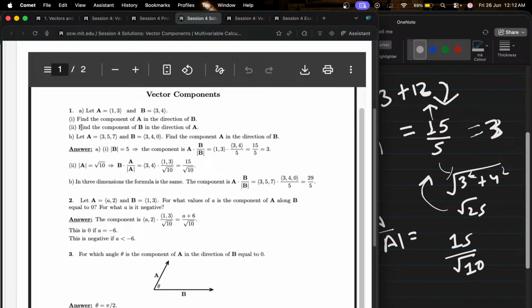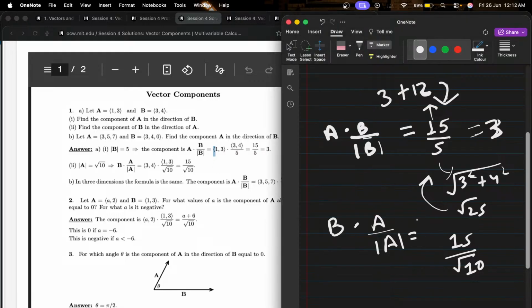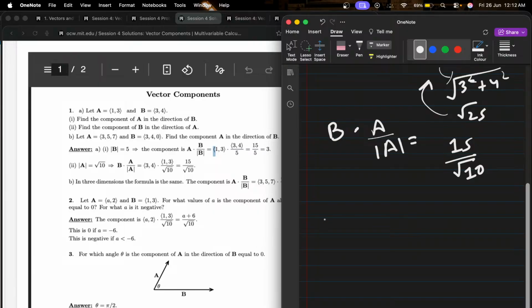Okay, fine. Next: let A equal this, B equal this, find the component of A in the direction of B. First A dot B equals 9 plus 20 plus 0, so 29, divided by the magnitude of B, which is 5.